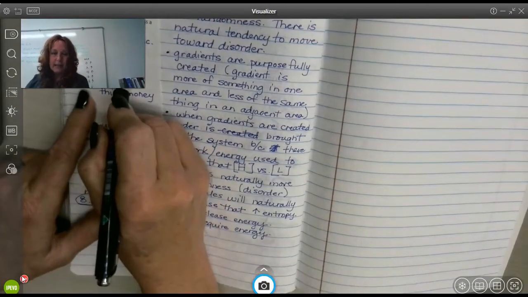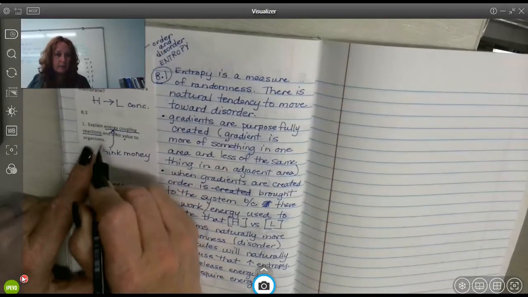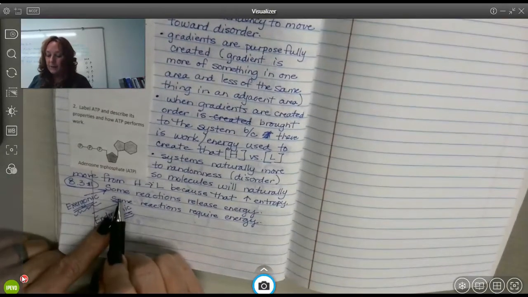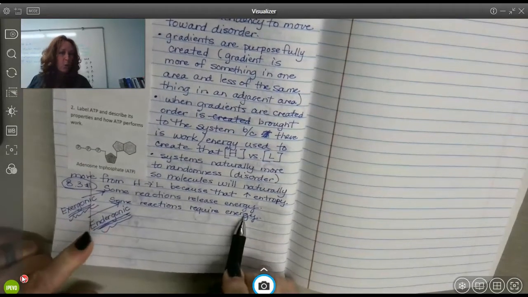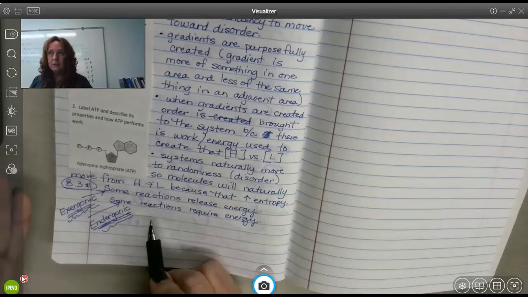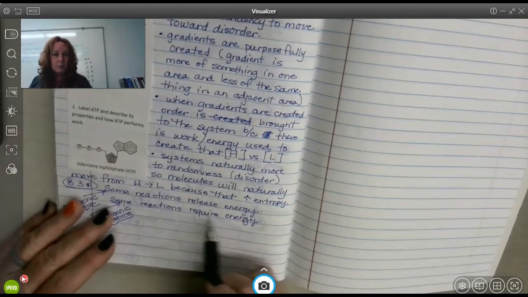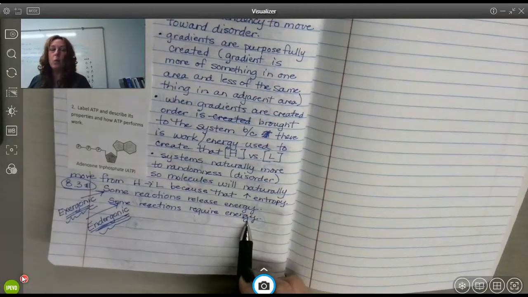Exactly what they're saying here. So energy coupling means I have reactions that require energy. Where am I going to get that energy from? I had different processes that required money at times when I was not getting paid.